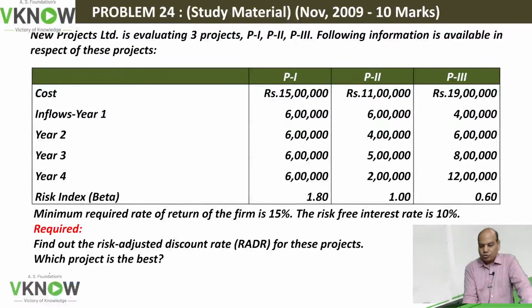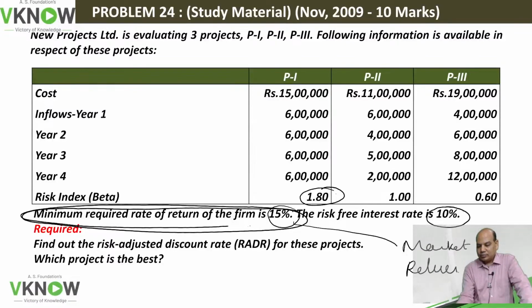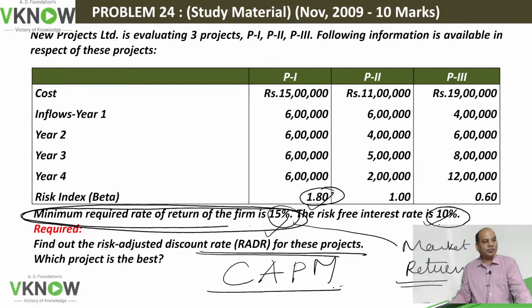So we will use beta, risk free rate, and this 15% we will treat as the market return. Using these 3 we can find out the RADR by applying the principle of CAPM.